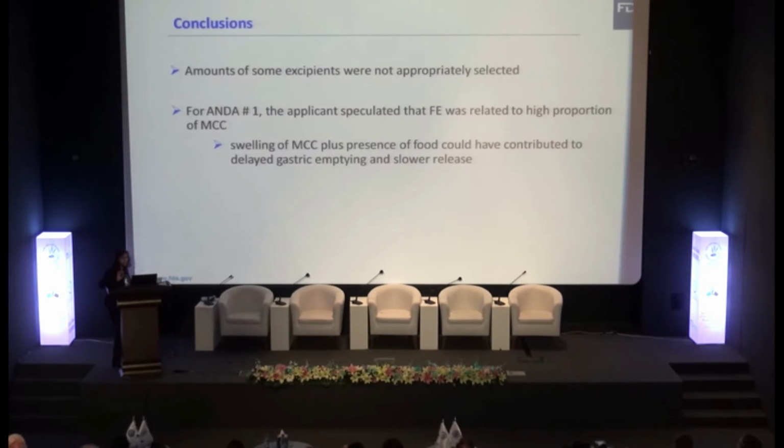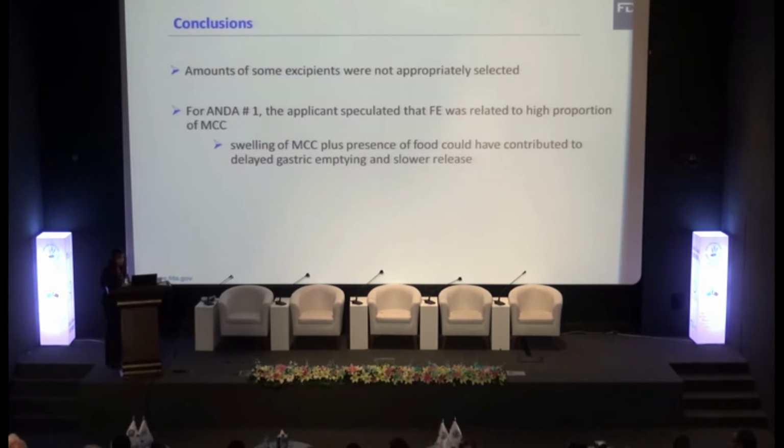And their speculation was that because MCC swells, in presence of food, the barrier becomes even more, and so that was the reason for impacting the gastric emptying or slower release and an impact on the Cmax for this particular situation. So that's the first example.